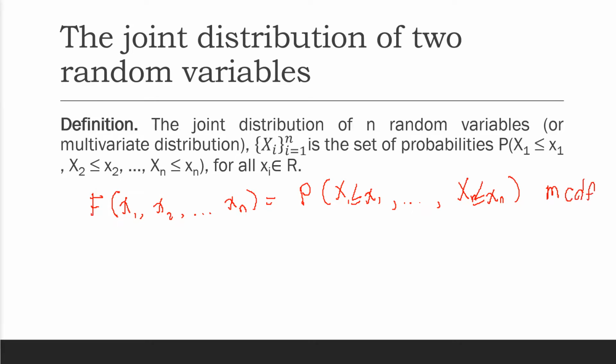An ordered set of n random variables from x sub 1 up to x sub n can be considered as an n-dimensional random vector X with the components x sub 1 up to x sub n.